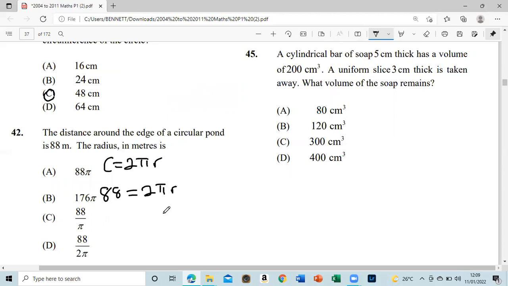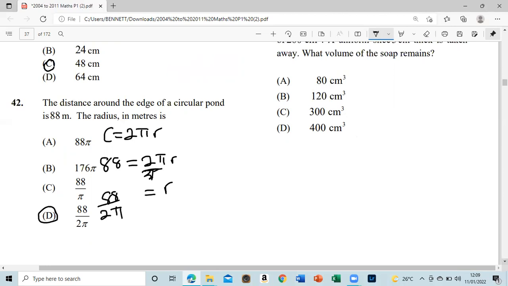So we have to solve for r now. We are going to divide by 2 pi to get rid of it. So it's 88 over 2 pi. Alright. Let's move on to 43.